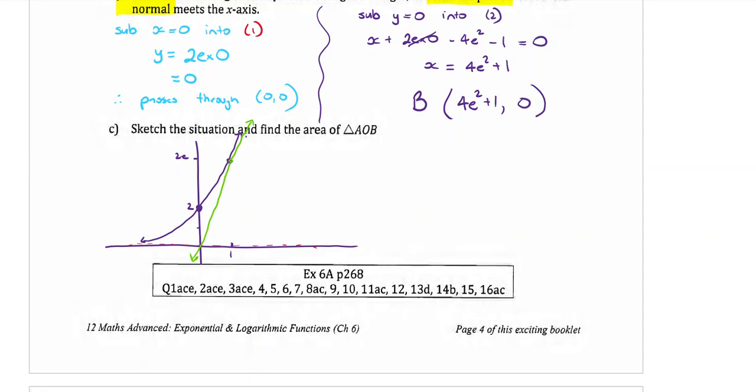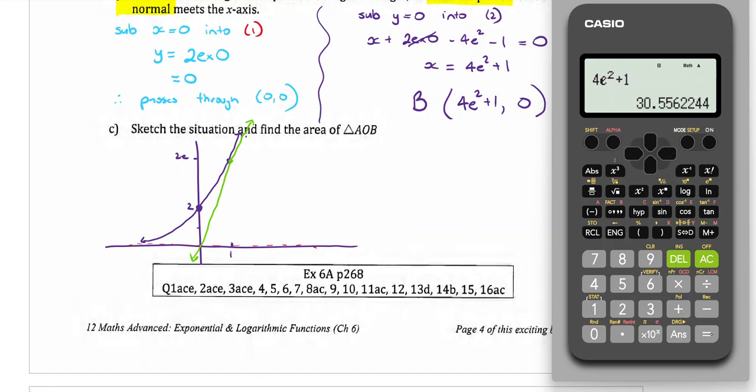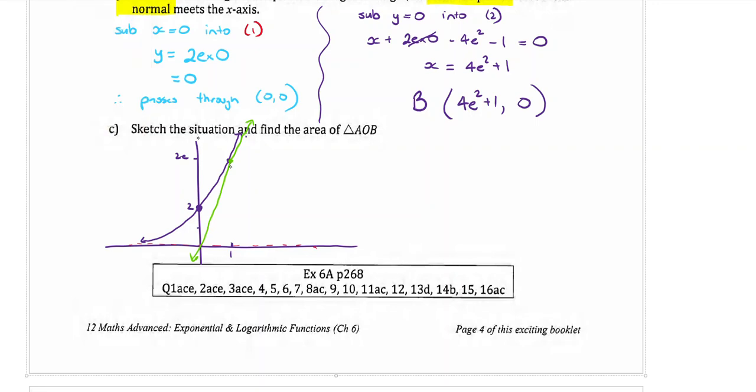Then I also have a normal, which, if you wanted to know roughly, 4e squared plus 1. There's my calculator. 4e squared plus, oh, it's massive. Way down there. So here comes my normal, not to scale, definitely.